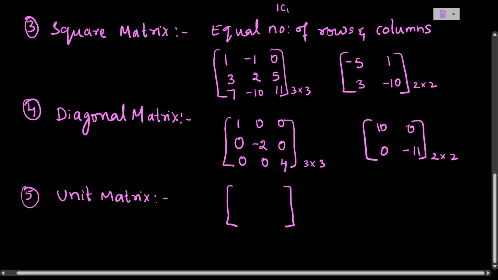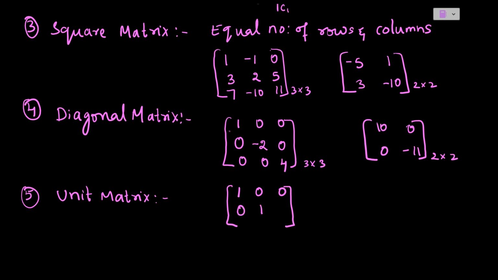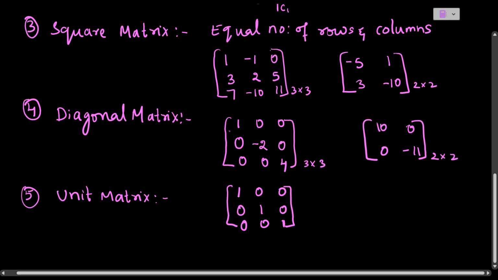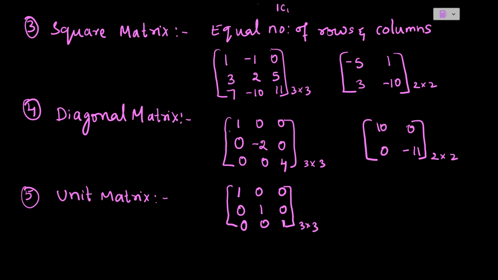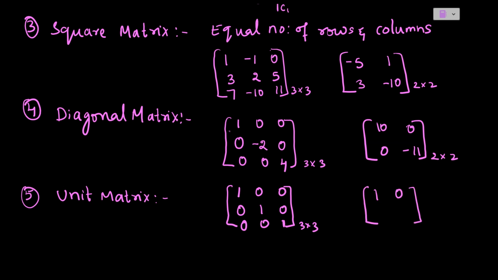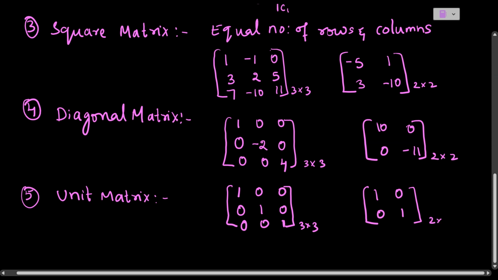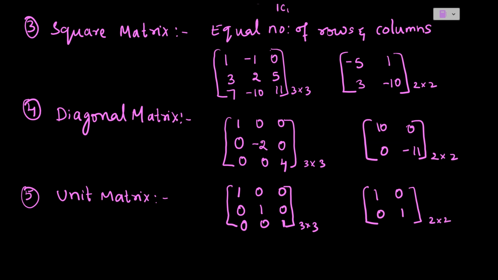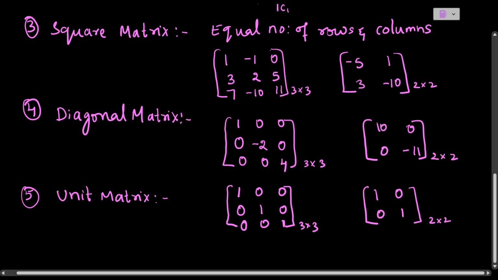So 1, 0, 0, 0, 1, 0, 0, 0, 1. All the other elements are zeros, and diagonally the elements are equal to 1. Understood? Suppose we take a 2 by 2 matrix, 1, 0, 0, 1. This is also a unit matrix. Did you understand, students?